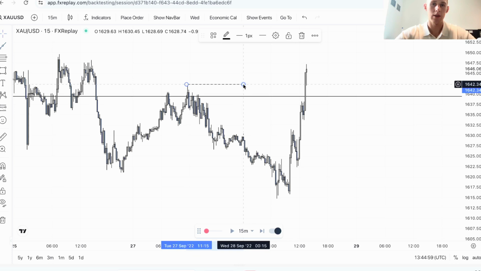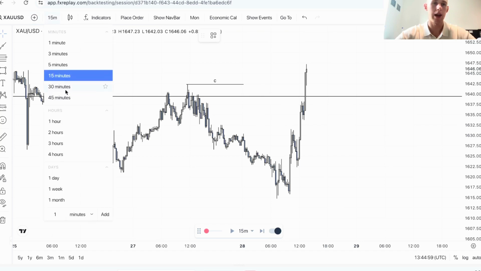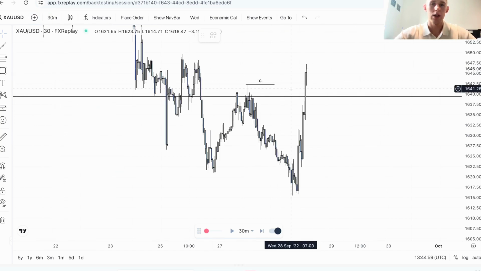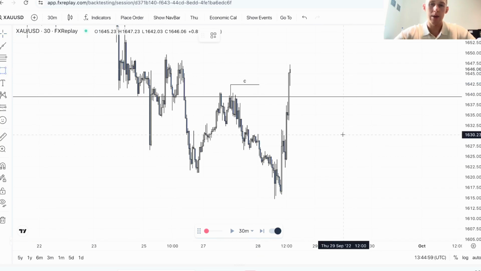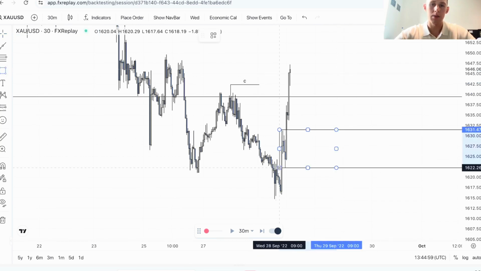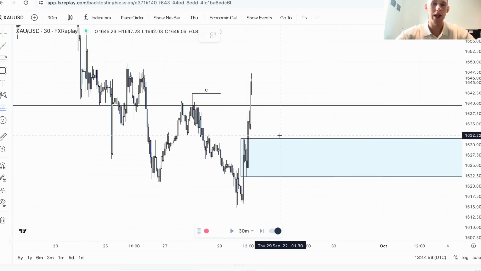We had a pullback, push down, breaking the lows, and then price has now broken that high. And the area I would look to get in from would be this, because this is the discounted demand. And I'm just going to set a limit there.